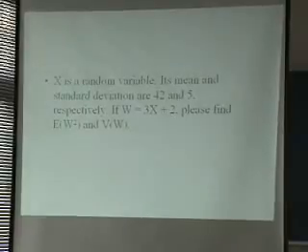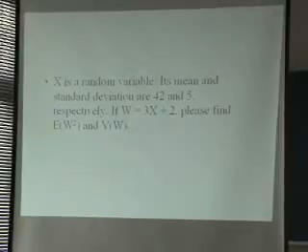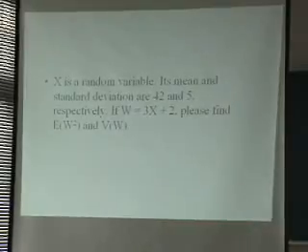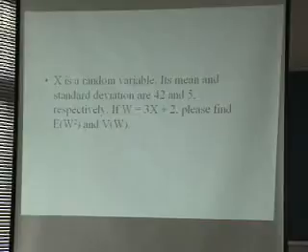Mean 42, standard deviation 5, W is equal to 3x plus 2, find expectation of W squared and variance of W. 5 seconds.